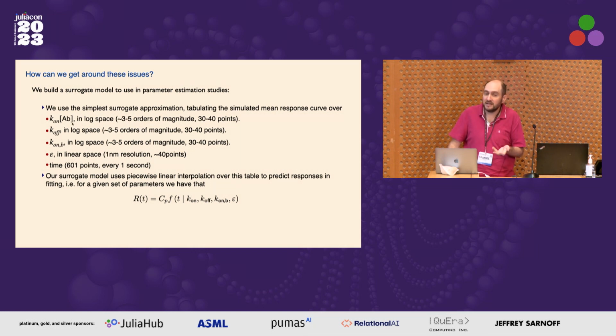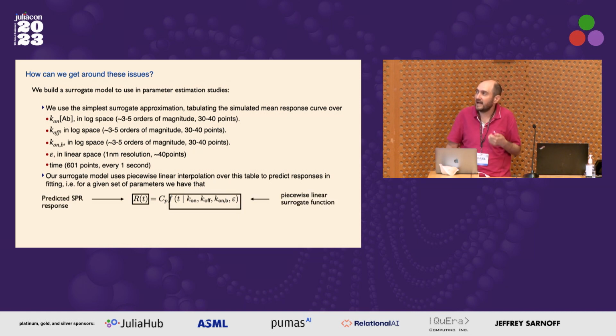We tabulated over that portion of parameter space, with some resolution, simulated response curves from this particle model. Then when someone runs an SPR experiment, we just do linear interpolation when fitting to evaluate candidate curves for parameter values that we didn't actually calculate.